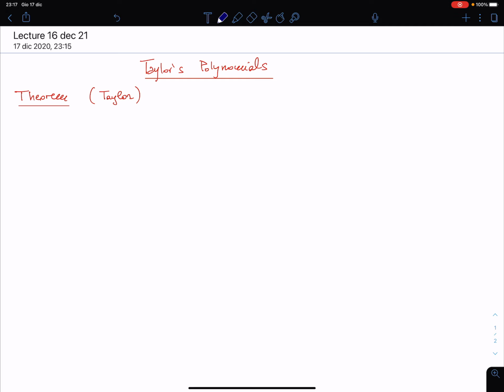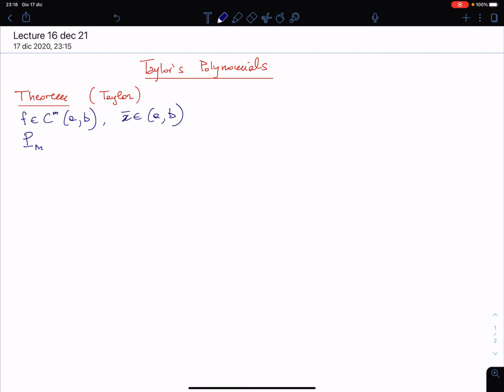That says there's a function f of class C^m, x bar in (a, b), and the statement has been already given in last lecture, so I just repeat it here. Don't look for news here because there are no news.